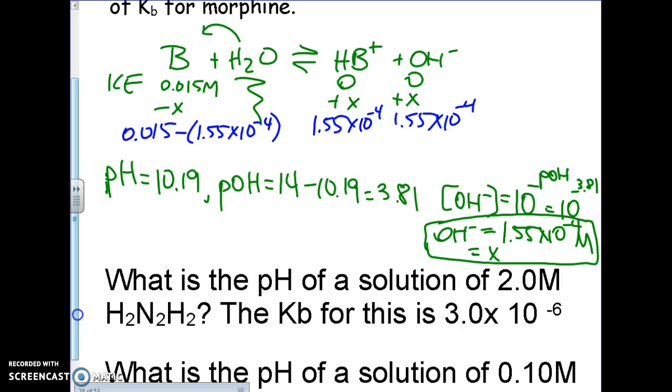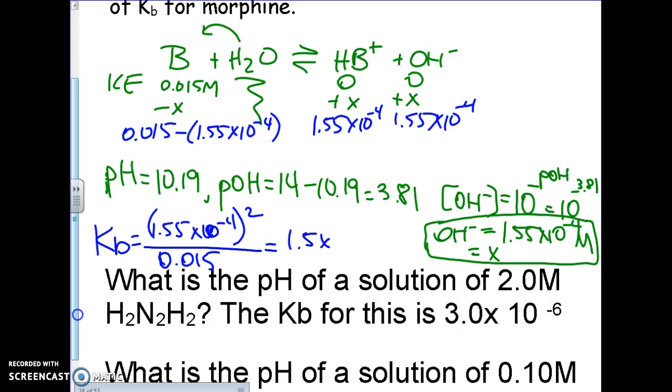Plug those values into your Kb expression, which I'm hoping you can set up for yourself right here, and you'll find Kb is equal to 1.55 times 10 to the negative 4th squared over 0.015, because this second number is so negligible it's practically the same. And you get a final answer for Kb of 1.5 times 10 to the negative 6.